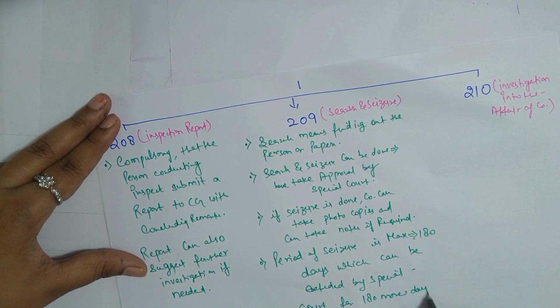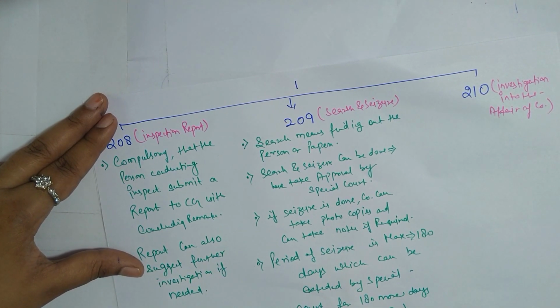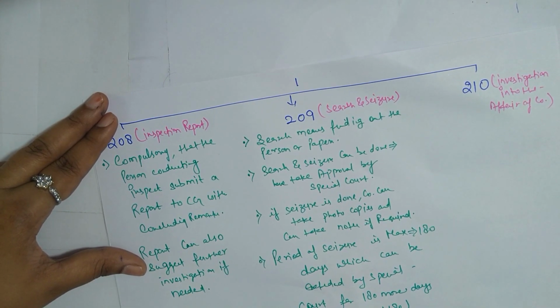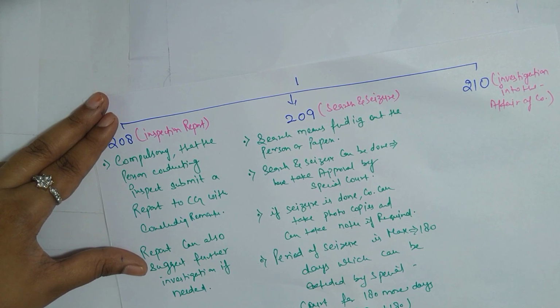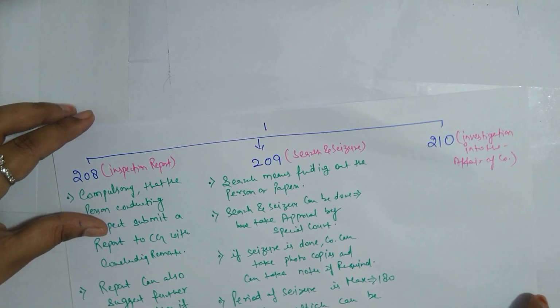It means you have 180 plus 180 days if approval is given by special court.